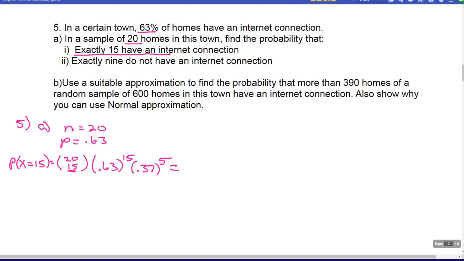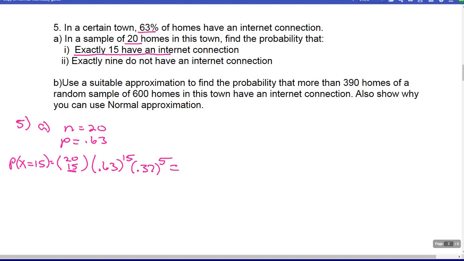Now, how do you get the calculator to figure it out for you? Menu 7. Do you see where it says binomial PD? Yeah, 4. In this case, we're not looking for a list. We just need one, so push number 2, the variable.